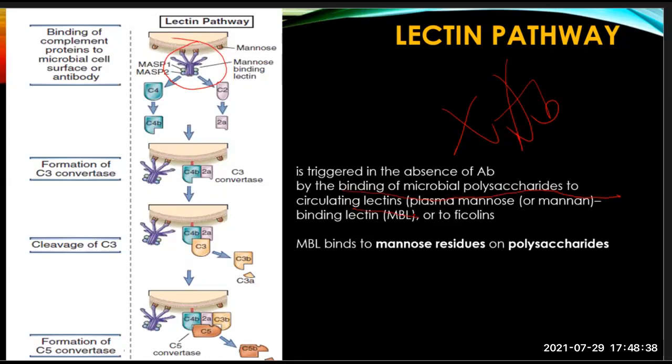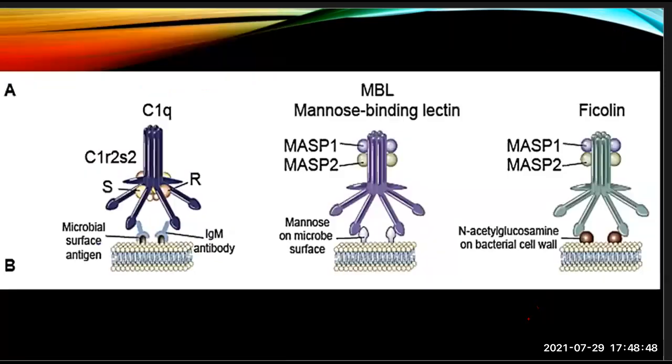MBL and ficolins: MBL binds to mannose residues on polysaccharides. Again, antibody independent for lectin. So this is the mannose or mannan binding lectin and ficolins.